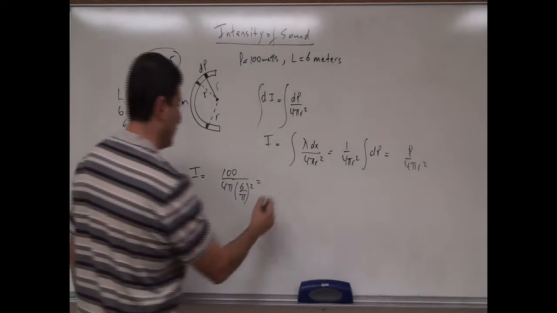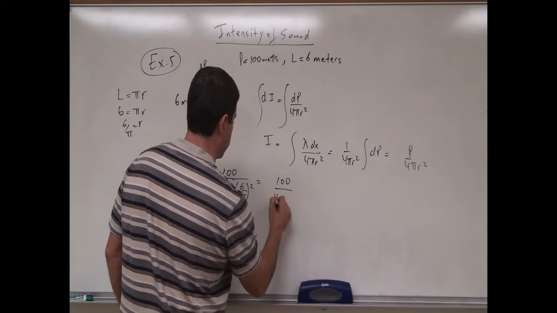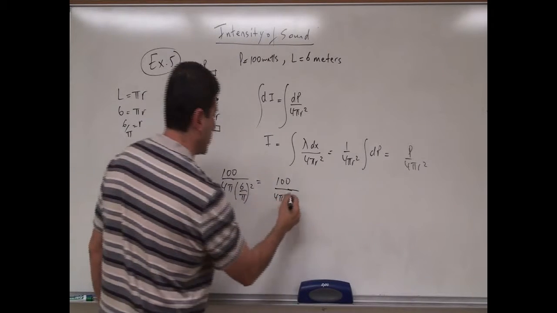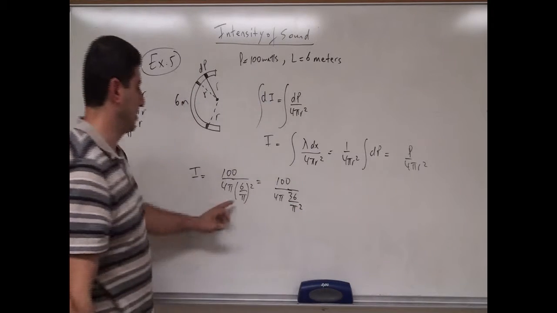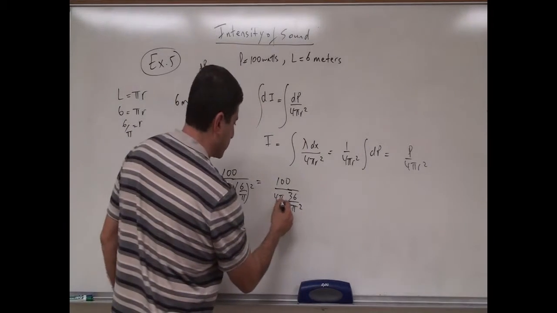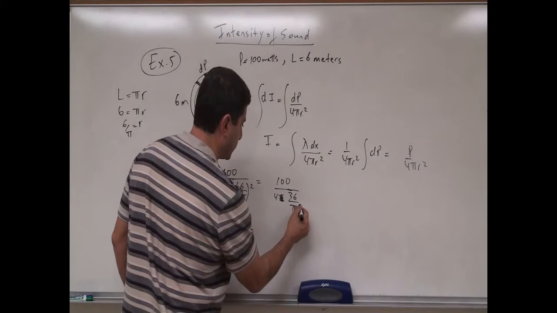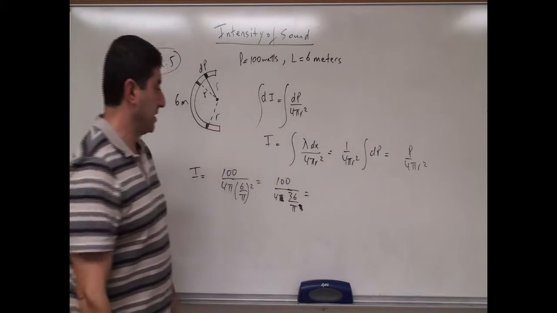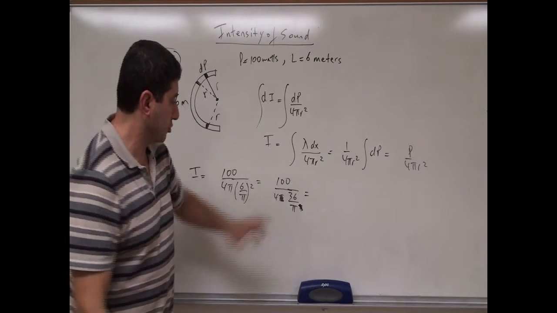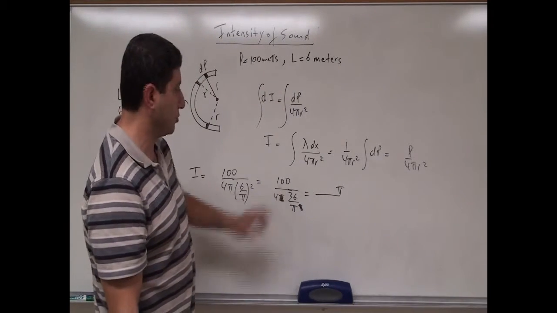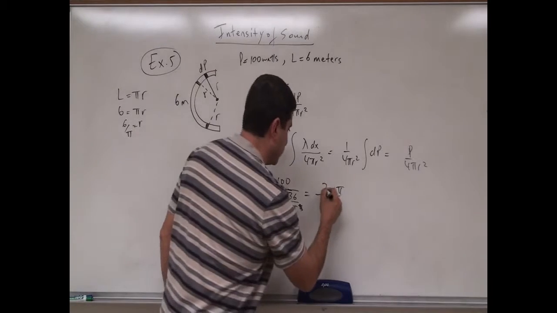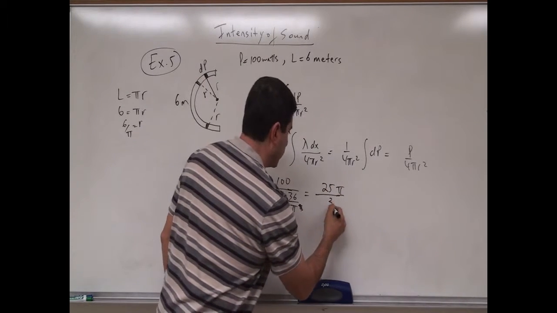Okay, so then you're going to have here 100 over 4 pi, and then 6 squared is going to be 36 divided by pi squared, and then one of the pi's is going to cancel with one of the pi's down here, and then this pi is going to go to the top, right? And then 4 is going to go into 100 25 times, and then we're going to have 36.